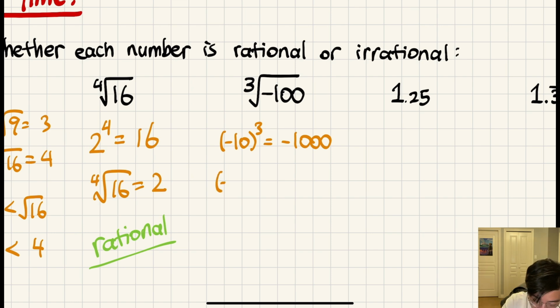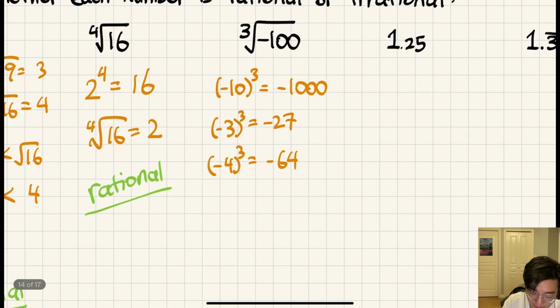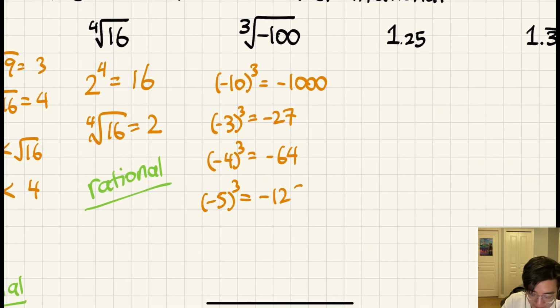So let's take the cube of negative 3. That's negative 27. Okay, we're a little off. The cube of negative 4 is negative 64. Okay, closer. The cube of negative 5 is negative 125.